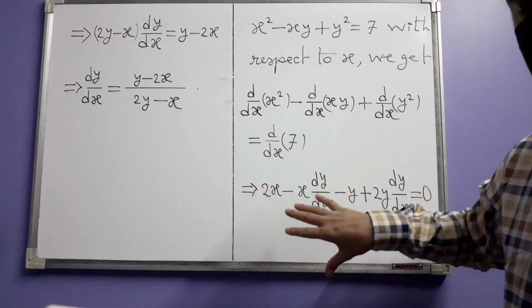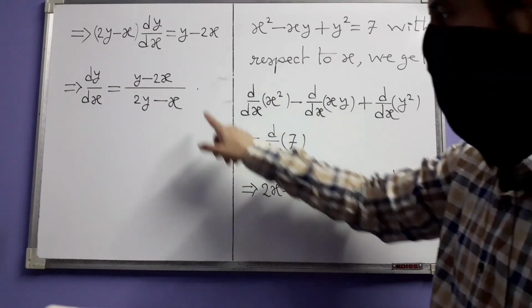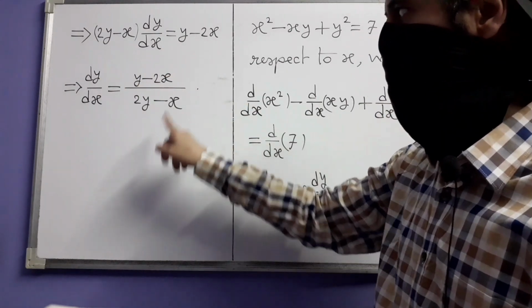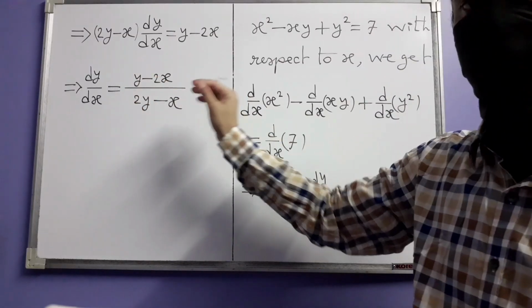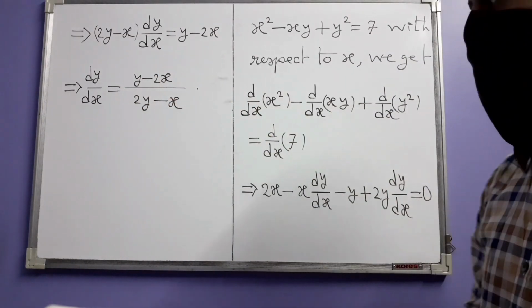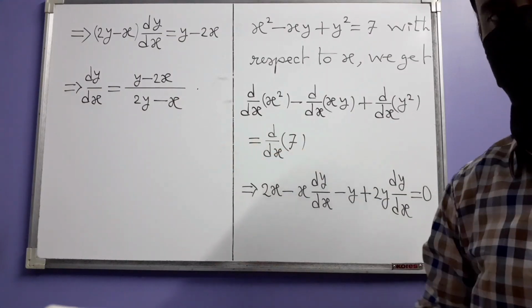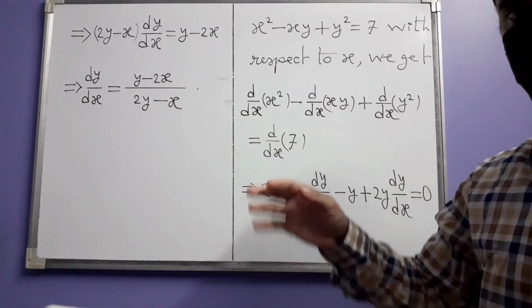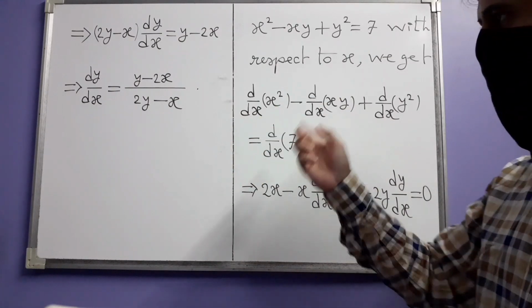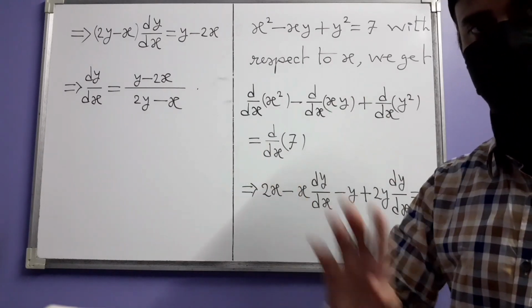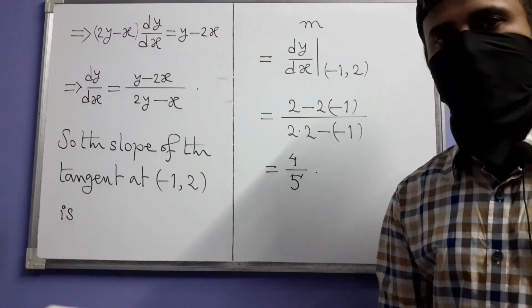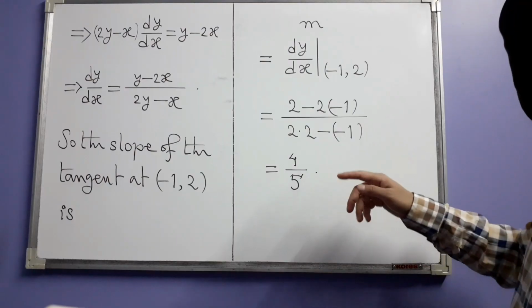So that expression I was talking about just now, which gives dy/dx, is a function of both x and y. Now from this we are going to calculate the slope of the curve, or the same thing, the slope of the tangent at the given point, which was I think minus 1, 2. So we give the slope a name.